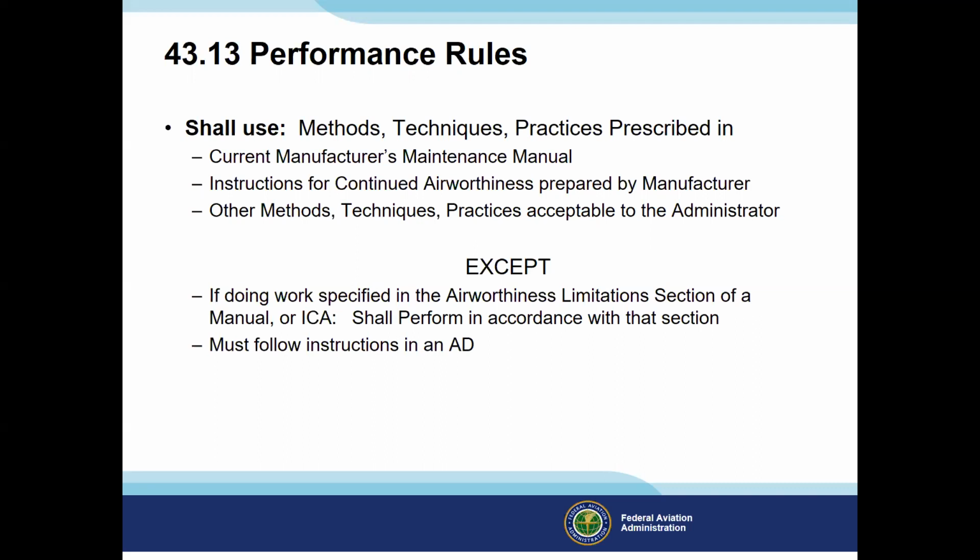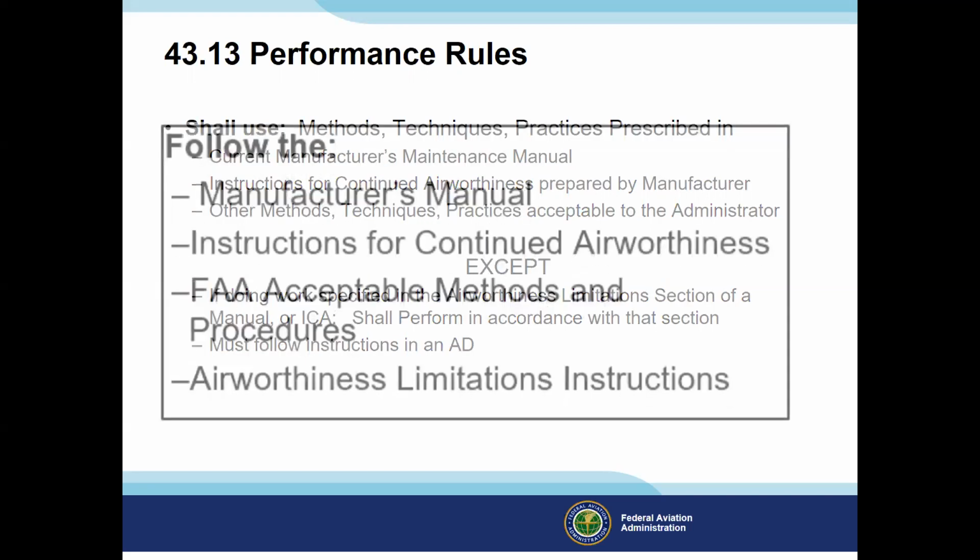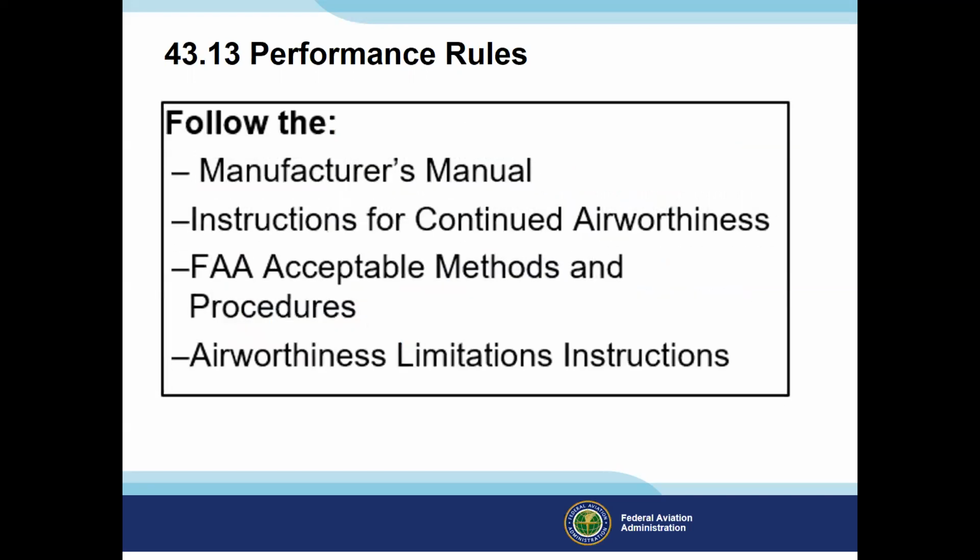Except for work specified in the airworthiness limitations section of the manual or ICAs, which they shall perform in accordance with that section, you also must follow the instructions of an airworthiness directive. The bottom line is follow the manufacturer's manual, ICAs, FAA acceptable methods, and airworthiness limitations. That is the bottom line. Follow the guidance. Follow your manuals. Next slide.